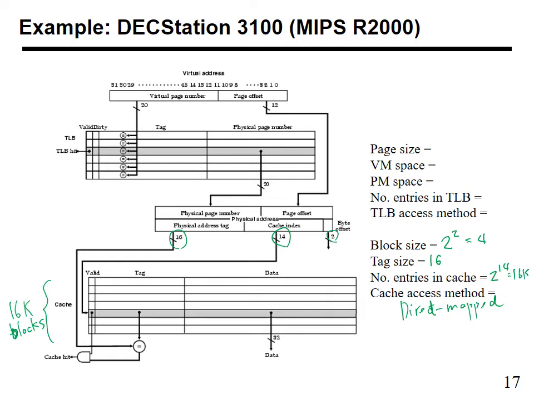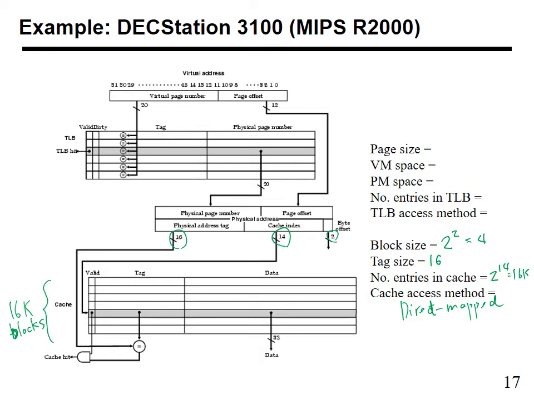So there are 16,000 blocks in the cache. And the cache access method in this case is a direct mapped cache, because using the cache index, you indicate just one single block.